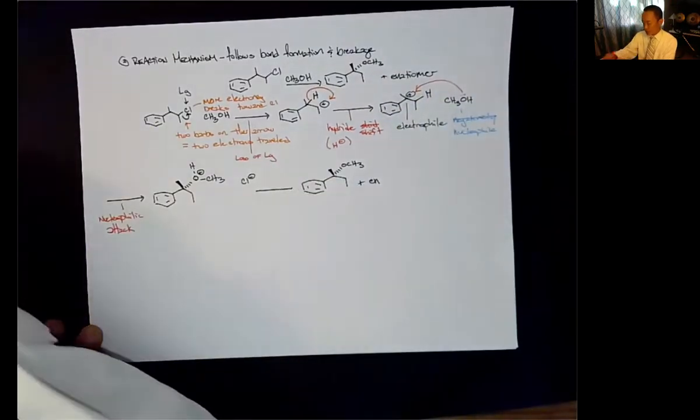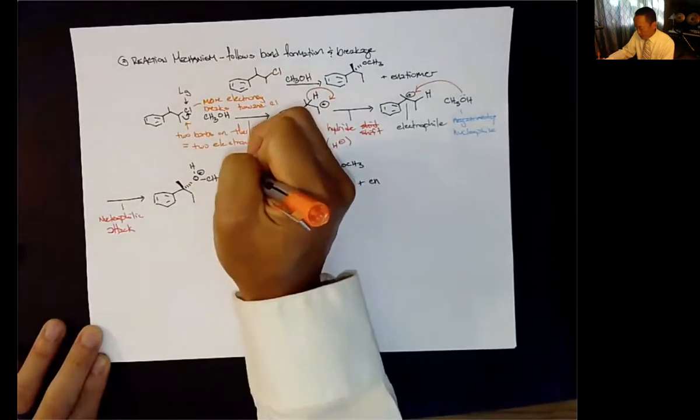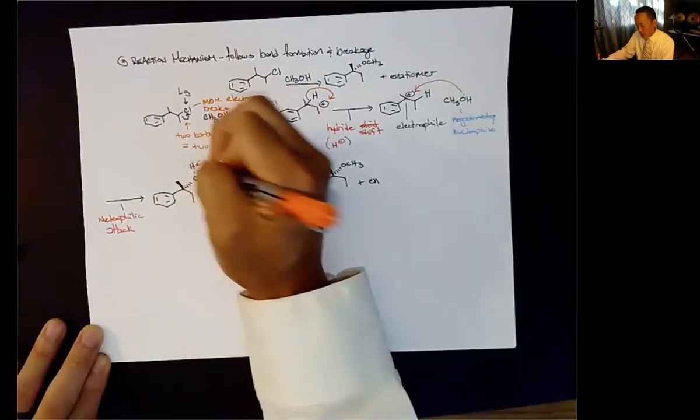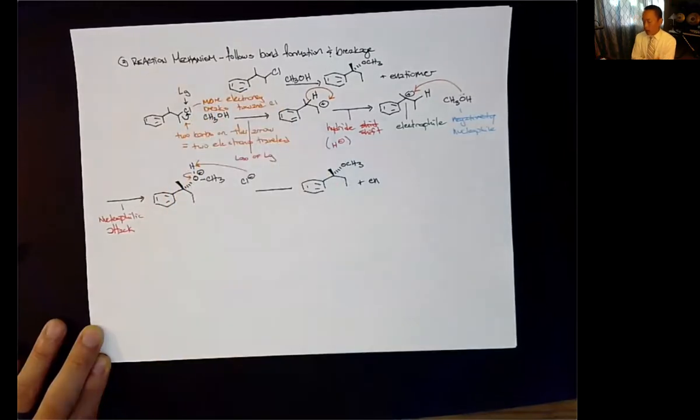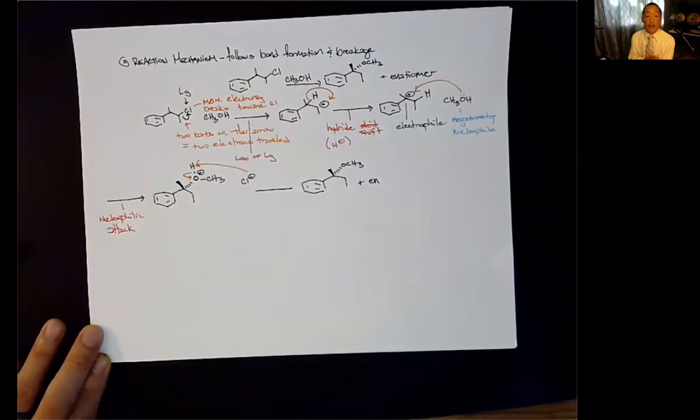And we achieve that by abstracting the proton with the anion and taking those 2 electrons that were in that carbon hydrogen bond and returning them to the oxygen in this manner.